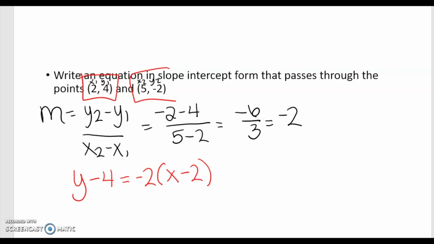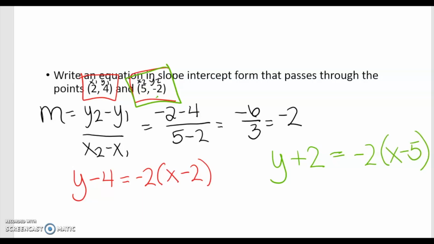Using the second ordered pair, oops, I meant to switch colors, we would have y plus 2, because it's a -2, equals -2 times x minus 5. So both answers would be considered correct for point-slope form. Again, point-slope form is just another way to be able to graph or to be able to write an equation when we are given points and slope.